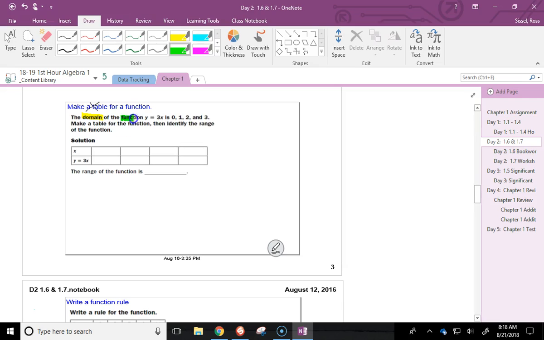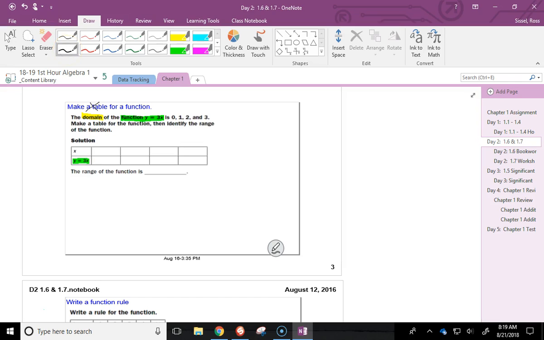Okay, it gets a little confusing, but function is y equals 3x. They're telling me what my function of the table is. So don't mix them with the other numbers. My y coordinate is just 3x. So if I put any value in for x, I just have to evaluate 3x, and that gives me what the y is.